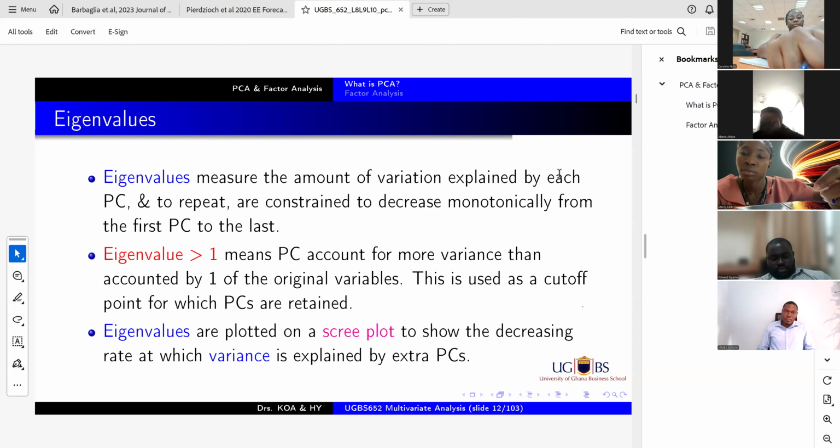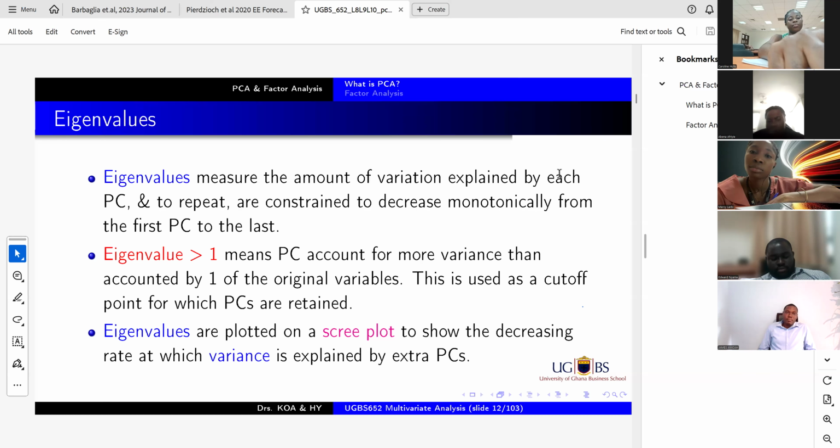Now, the first one is made up of maybe 60 of the 100 combined together. Or let's say the first one is contributing 60% of the original data set. The second one is contributing maybe 25% of the original data set.